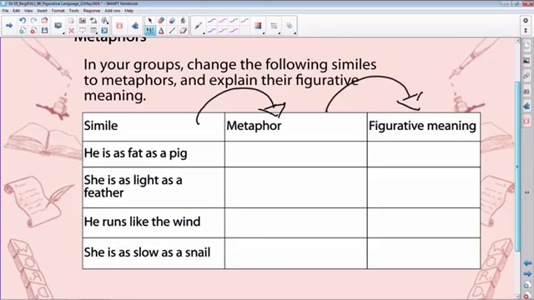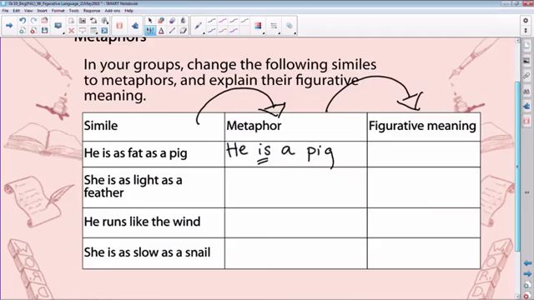All right, and I'm going to do the first example for you. The simile is, he is as fat as a pig. Now, for a metaphor, I also want to continue that comparison between his weight and the pig's, but I need to take out the as. So I change it to, he is a pig.